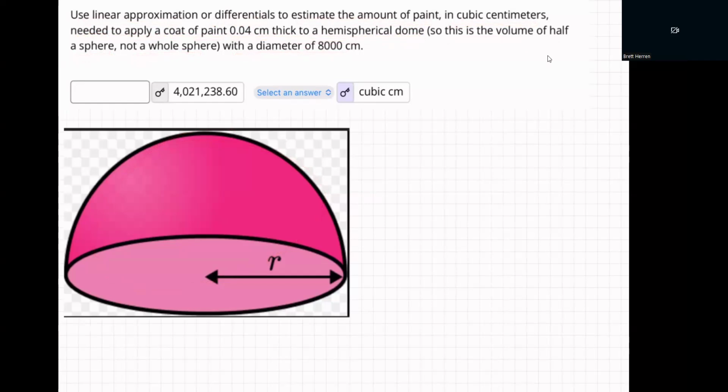Okay, so there's a lot going on here. Basically, here's the idea. We're going to put paint 0.04 centimeters thick around this dome. So if you can picture, just a little layer.